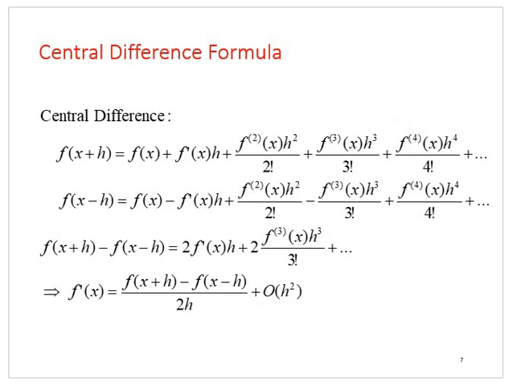Let's look at how we compute the central difference formula. For the central difference formula, you need f of x plus h, which is given by this one, and then f of x minus h, the Taylor series, is given by this one. If you subtract f of x minus h from f of x plus h, you are subtracting this equation from this one.